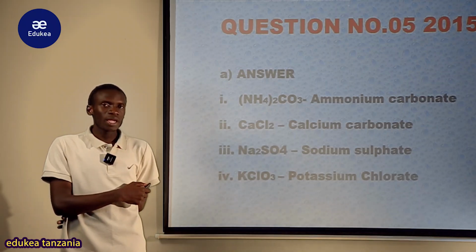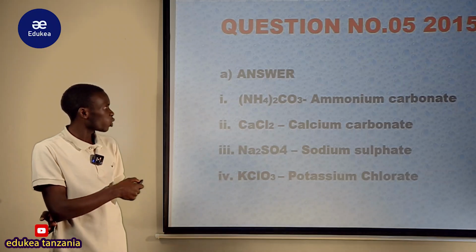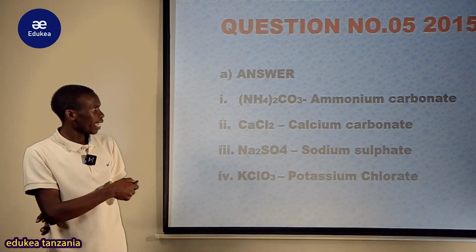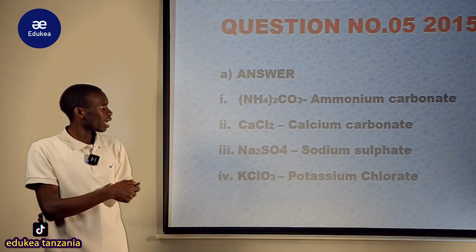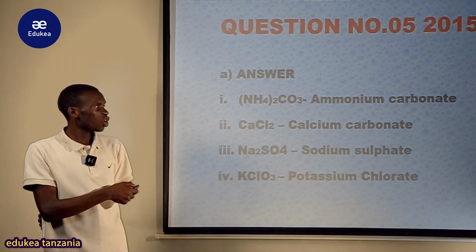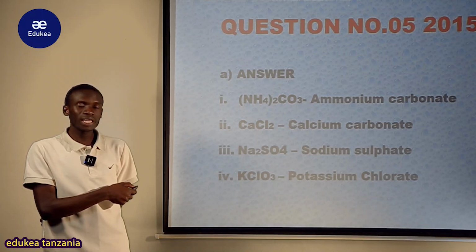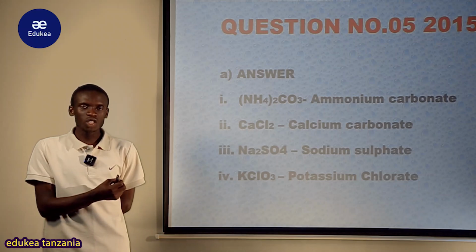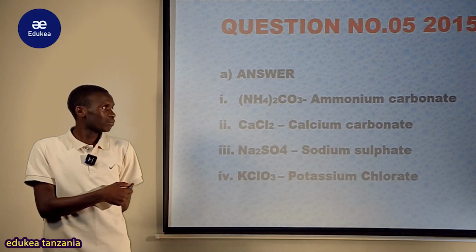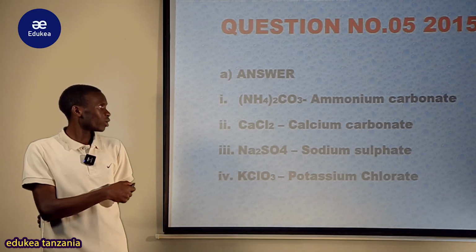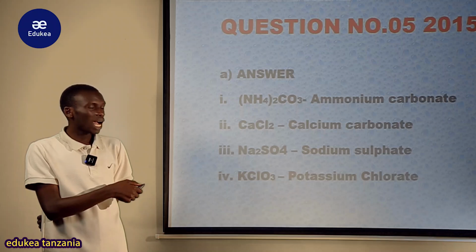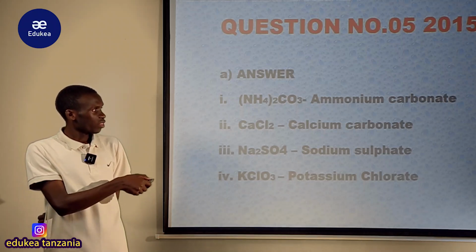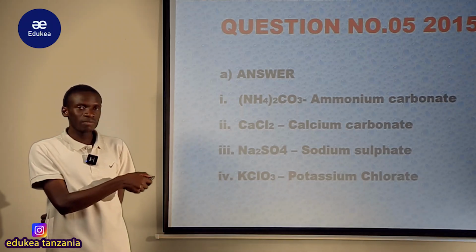imeundwa na cation ambayo ni ammonium, NH4. Hii ni ammonium, na anion yetu ilikuwa ni CO3 ambayo ni carbonate. So the general name itakuwa cation ni ammonium na anion ni carbonate, inakuwa ammonium carbonate. Na kama nilivyosema, this space should be left.